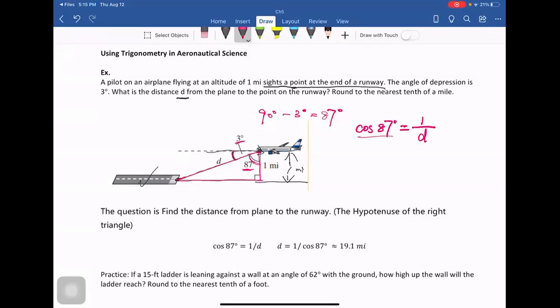Turning this upside down, cosine 87 degrees equals 1 over D, and the reciprocal is D over 1, or just D. So D equals 1 over cosine 87.